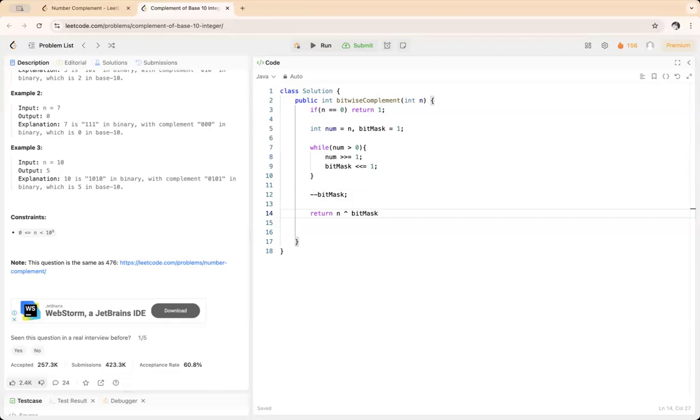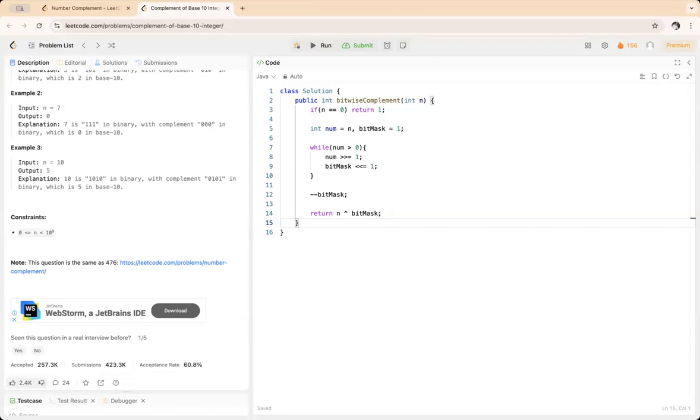So what is the property of the XOR operation? If at any bit position the bits are different, then that value is 1. If they are the same, then that bit is set to 0. So in our bit mask, since all bits are 1, if some bit is 0 in n, then 0 XOR 1 will be 1.